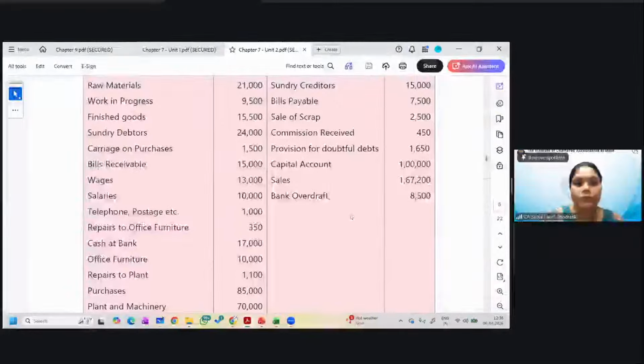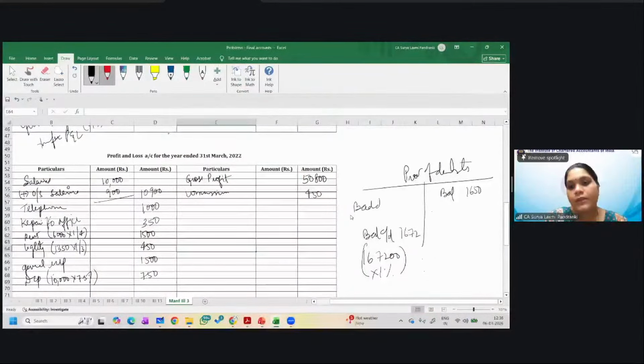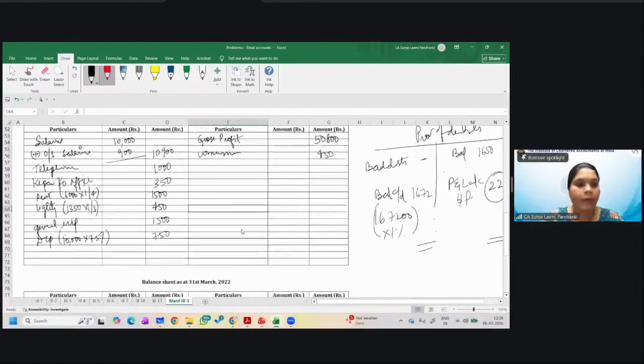Any bad debts given? No bad debts. So this figure, bad debts, is nil. So what is the value that should go to P&L statement? What is the balancing figure? 22. Okay. Very small figure. Fine. So provision for doubtful debts is 22. I think rest all we finished, no?